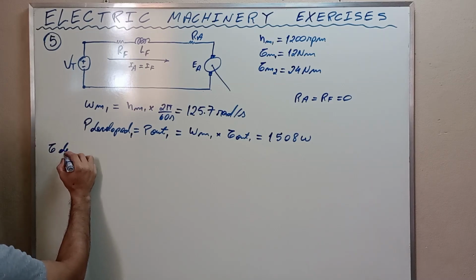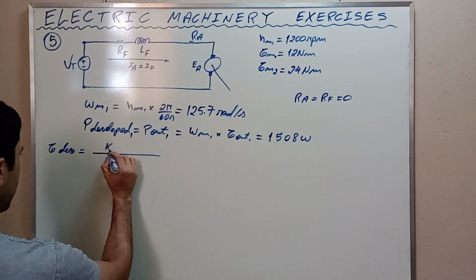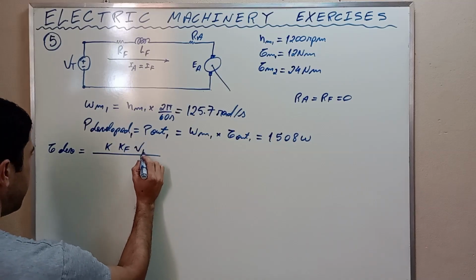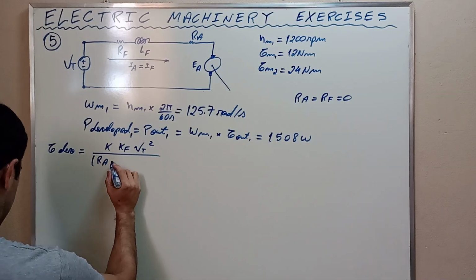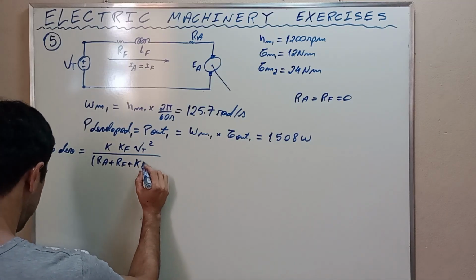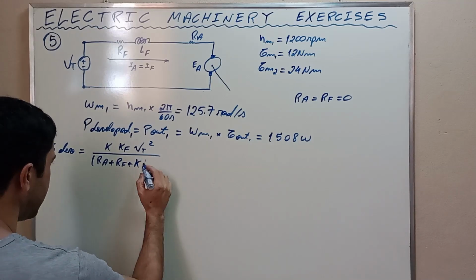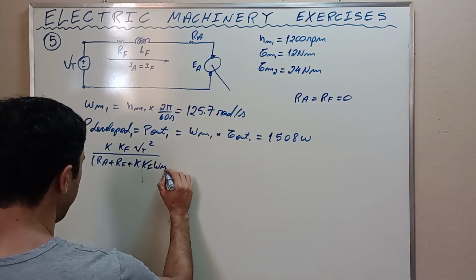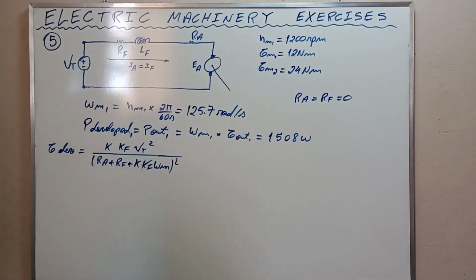The developed torque is equal to K times Kf times Vt squared divided by Ra plus Rf plus K times Kf Wm squared, okay? This gigantic expression here.